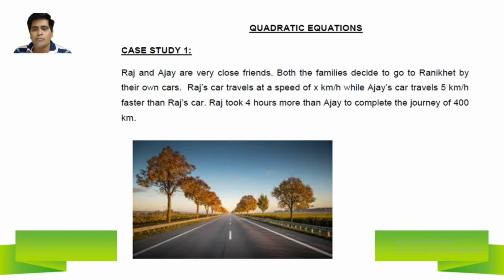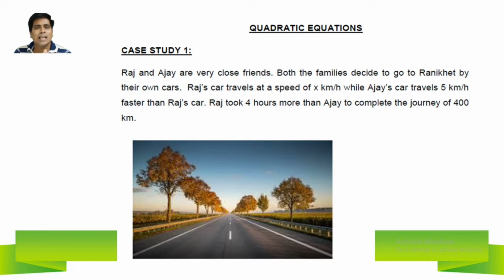Raj took 4 hours more than Ajay to complete the journey of 400 kilometers. Here you can note down some important points. Raj and Ajay both are traveling 400 kilometers. That is the first point.